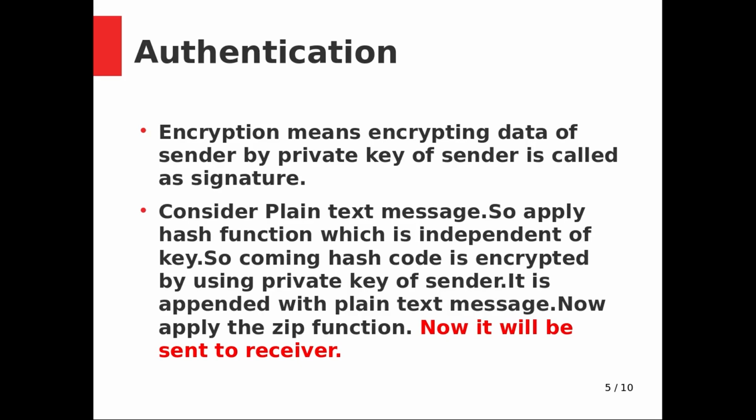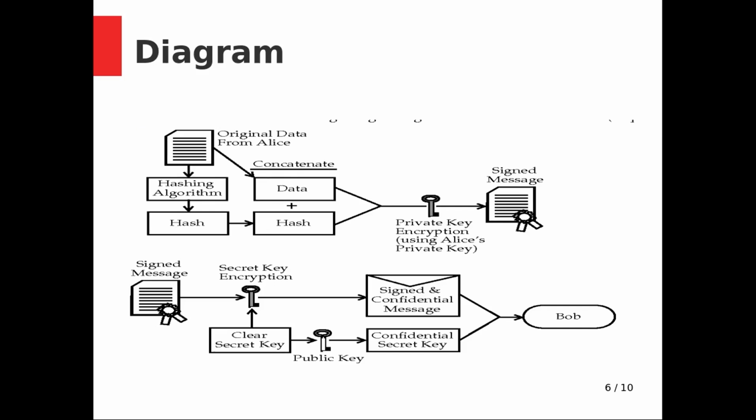Coming to it, the hash code is encrypted by using the private key of the sender. It is applied to the zip function, and now it will be sent to the receiver side. So here the original file is there, then the hash algorithm will be applied, and then the hash code will be generated.